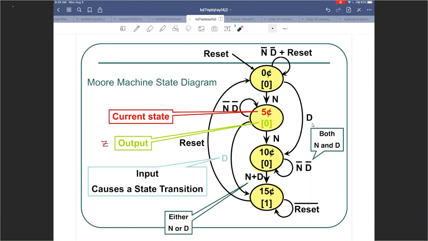So that means that if I don't enter a nickel or a dime, where should I go? I will not go anywhere. I'm going to stay there during that time.